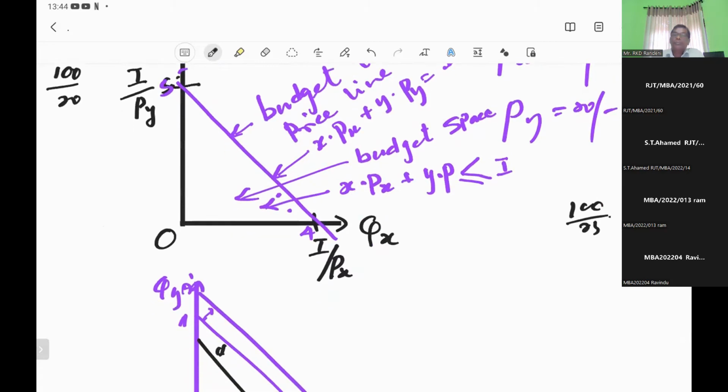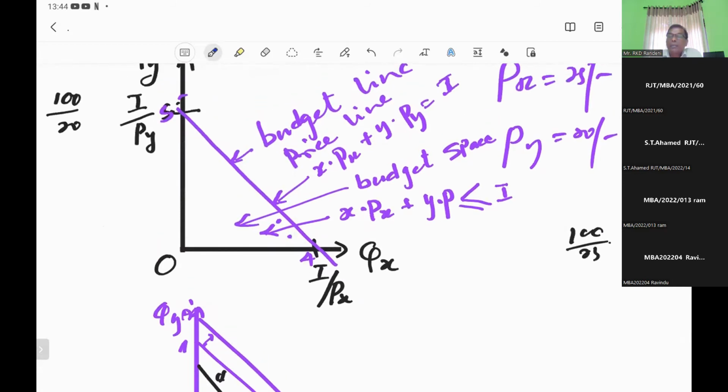Now here, you can measure the slope of the budget line. That is delta Y divided by delta X. That is the slope. Now here we will put OA, OB. Slope of the budget line means OA divided by OB.